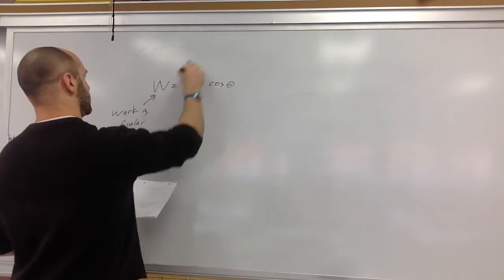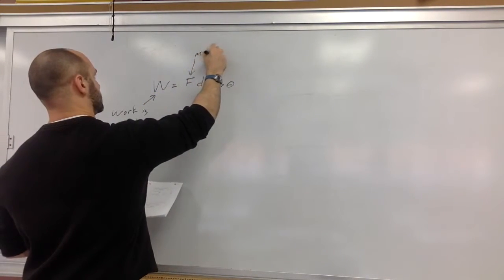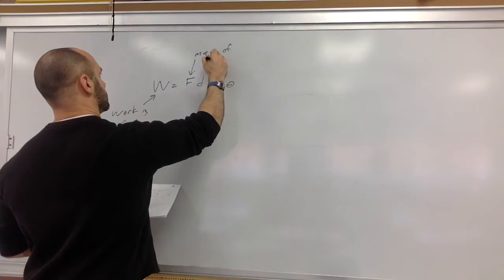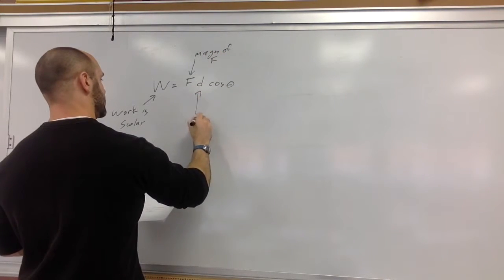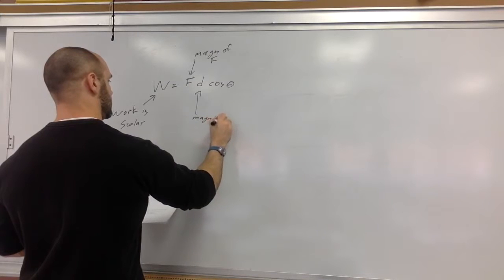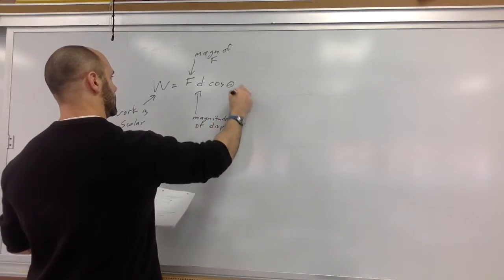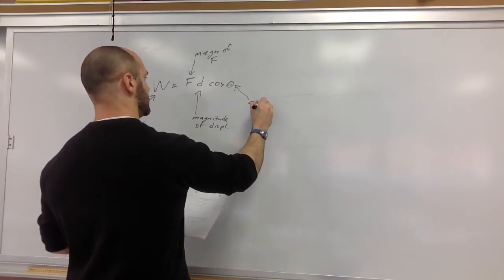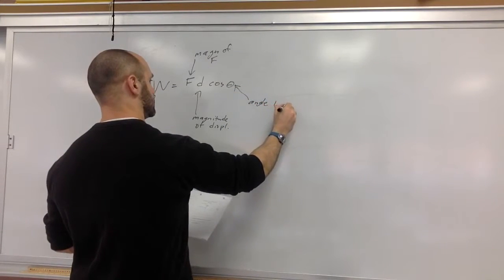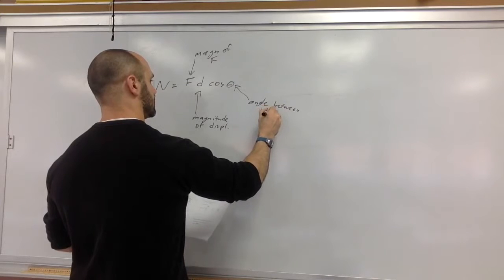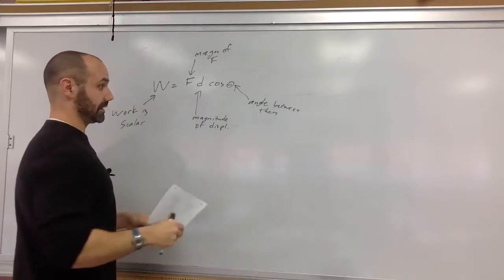So here we're talking about the magnitude of F. This is the magnitude of the displacement. And this is the angle between them. Because F and D are both vectors, right?